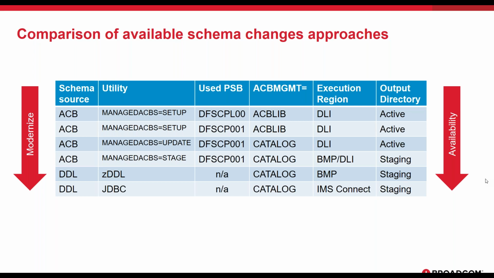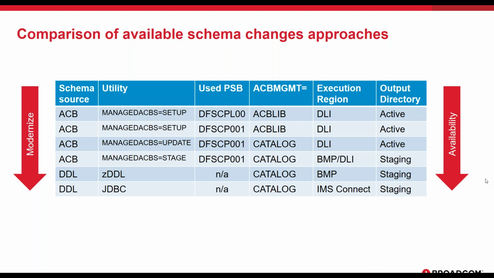Then at some point of time, it switches to the DDL possibilities. Then in the ACB management, you can see again the point where it switches between the configuration of your, let's say, IMS environment through the DFSDF member, when the IMS is using still as well the ACB libraries, but you're already working with the catalog, and then the point where the IMS system is switched to the catalog, and you have to use from that point particular utilities.